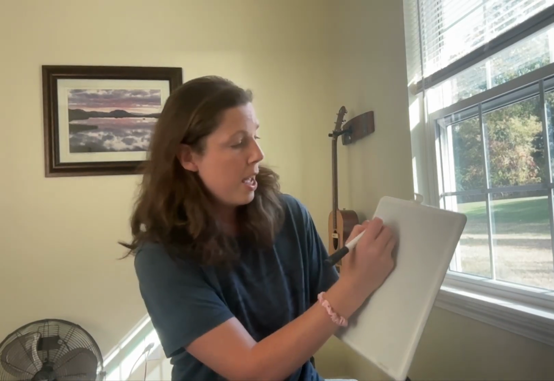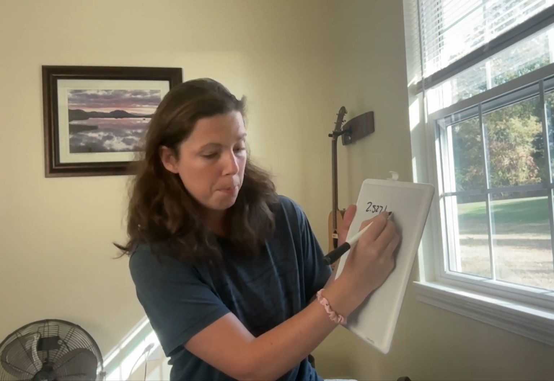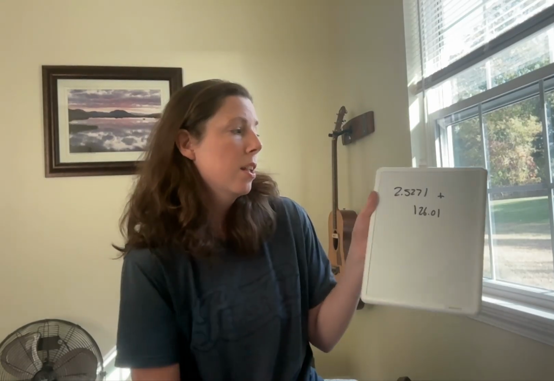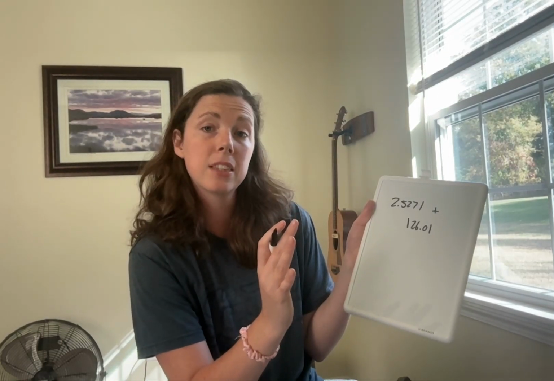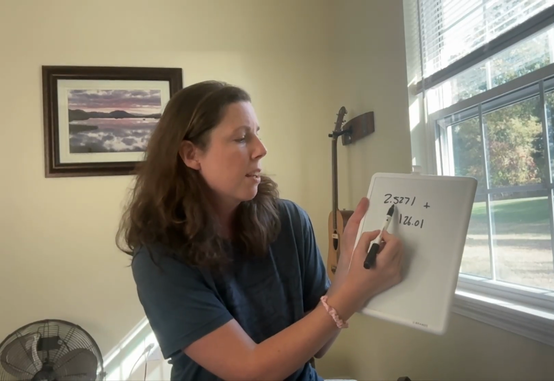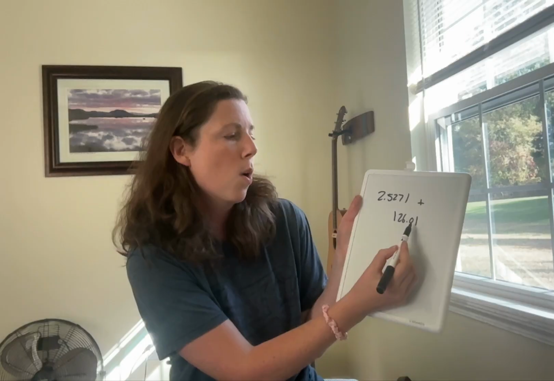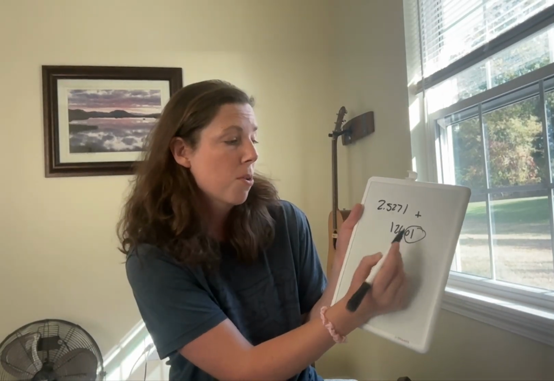An example would be if we have 2.5271 plus 126.01, what would this be? A great way to line this up is to count the significant figures after the decimal point. Here we have 1, 2, 3, 4. Here we have 1, 2, so we know our answer is going to have 2 decimal places. This is the smaller amount.